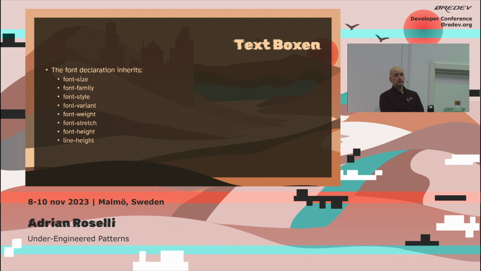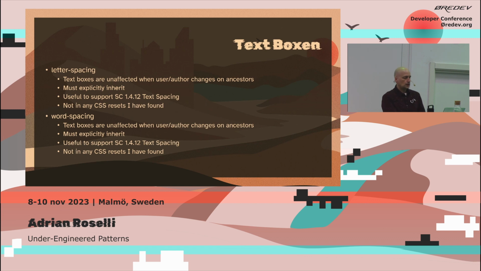The font declaration will inherit all of these properties. So font size, font family, font style, font variant, font weight, font stretch, font height, and even line height. You get all of that for free off of that one declaration. Because text boxes are unaffected when letter spacing or word spacing are applied to their ancestors, you'll need to explicitly inherit those.